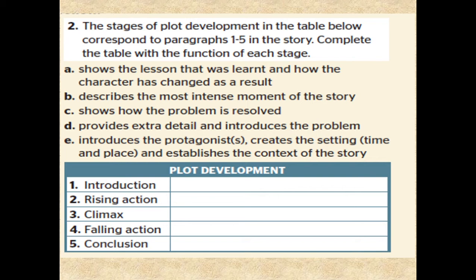B describes the most intense moment of the story. C shows how the problem is resolved. D provides extra detail and introduces the problem. E introduces the protagonist, creates the setting, time, and place, and establishes the context of the story.